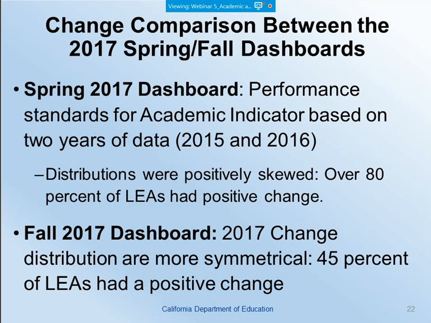And as it turned out, the distributions were positively skewed, with over 80% of districts showing a positive change. However, when we looked at the results for the 2017 assessments, we saw a more symmetrical distribution, and only 45% of the districts saw a positive change.